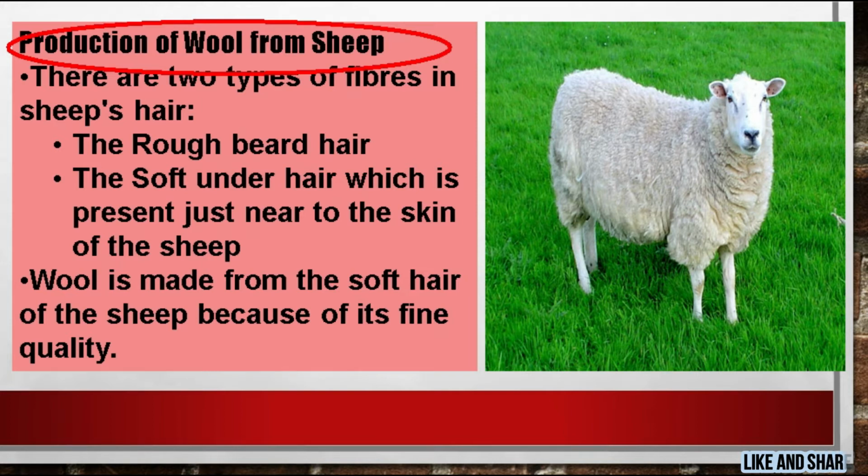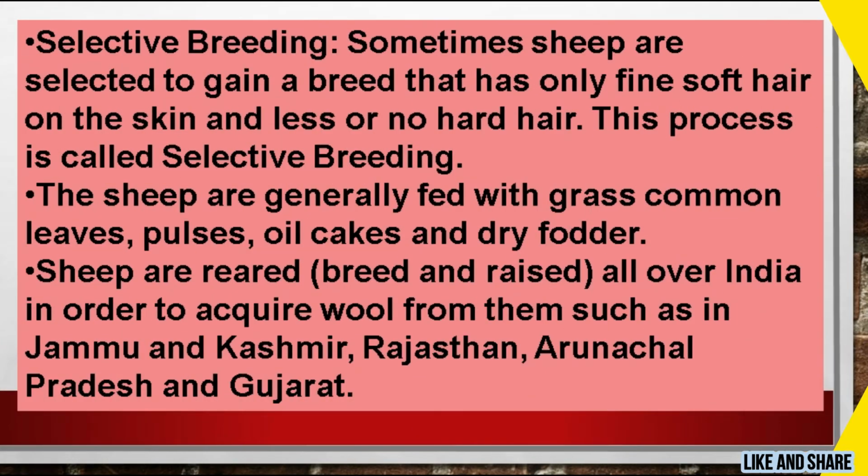The first one, the rough beard hair, and the second one, the soft under hair, which is present just near to the skin of the sheep. The wool that we use is made from the soft hair of the sheep just because of its fine quality.